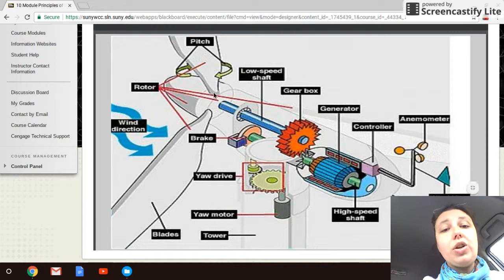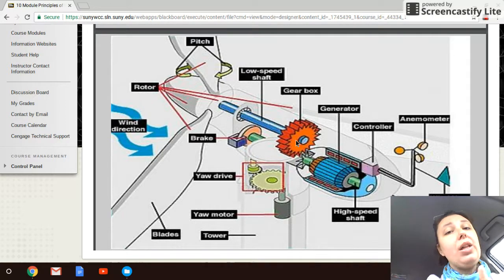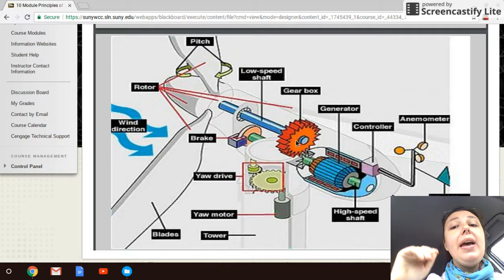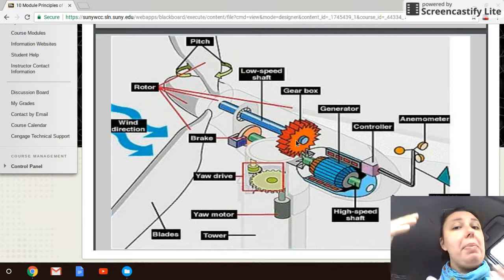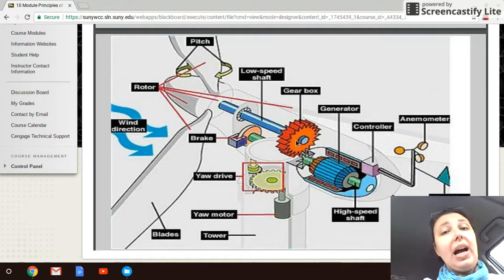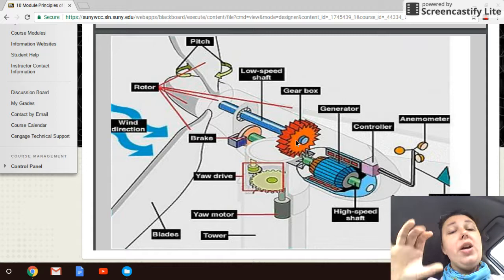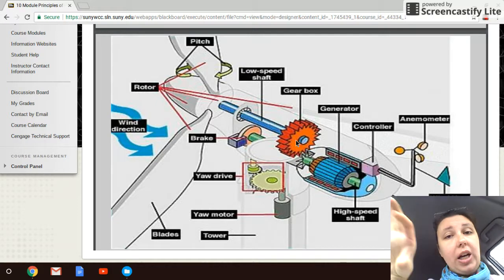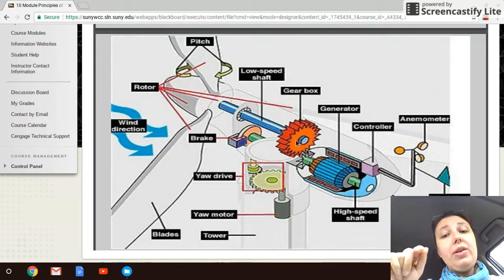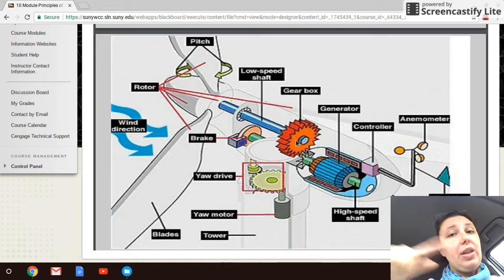So the blade structure, which is pitched, is attached to a low-speed shaft. This is the one that's going to turn based on the rotations per minute of however the wind happens to be turning it. Then to kick it up to the speeds that I need, I create a gearbox with teeth. So I just have a large gear that then connects to smaller gears so that I can pick up speed through turning this one gear.